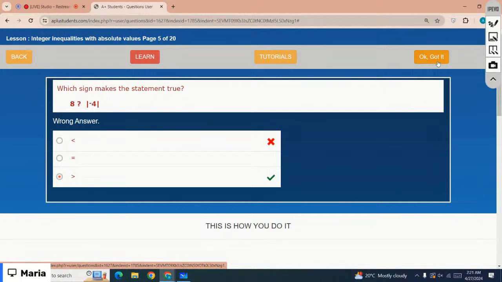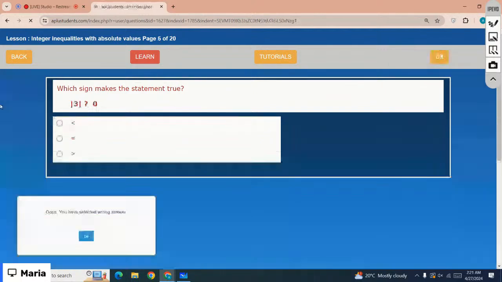Yes, 8 is greater than 4. Sorry, I clicked on the wrong option. 8 is greater than 4. Okay, the next one is which sign makes the statement true?